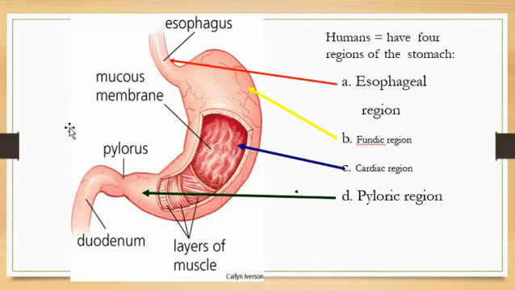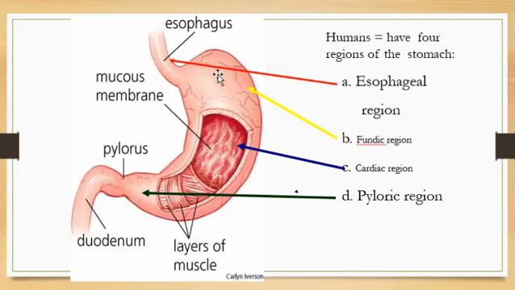In humans, we have a C-shaped stomach, which is also similar to cats and dogs. So we have a similar design, not 100%, but likely similar to some animals like cats and dogs. So that's the design, C-shape. And we have 3 major regions.